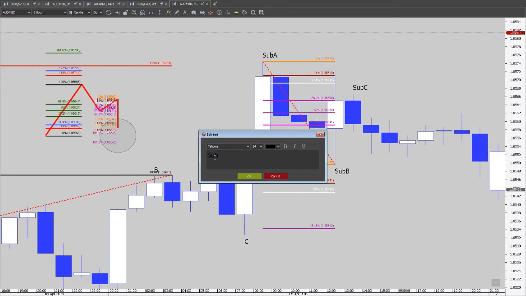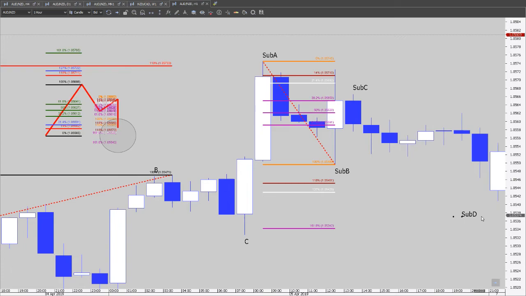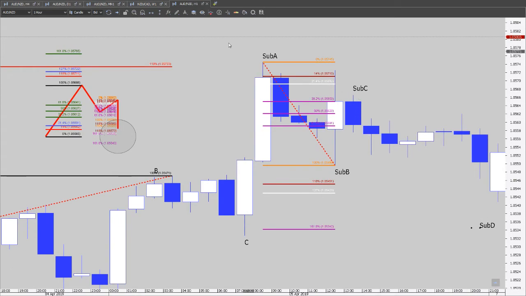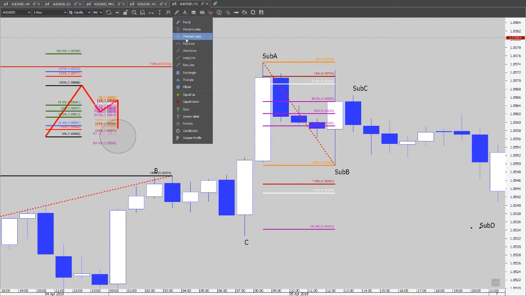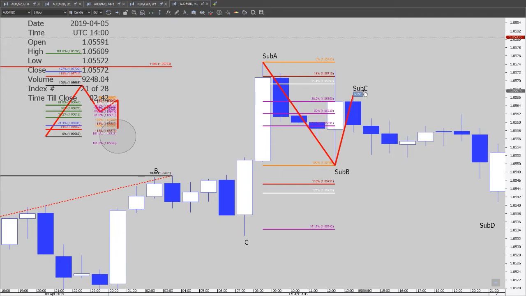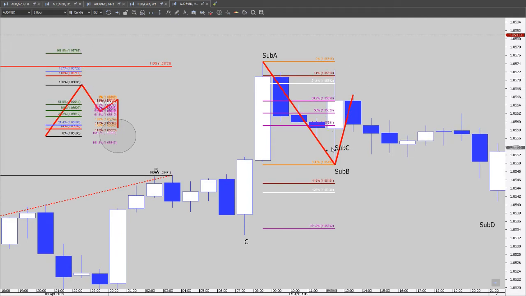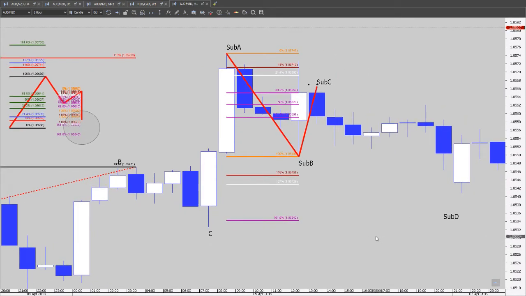And we have also the sub D. Okay, so the sub D is down here. Remember, look at this. Sub A, sub B, sub C. The sub C or the C cannot be the same candle as the sub B, so this is the sub C. And let's see, let's monitor the market.